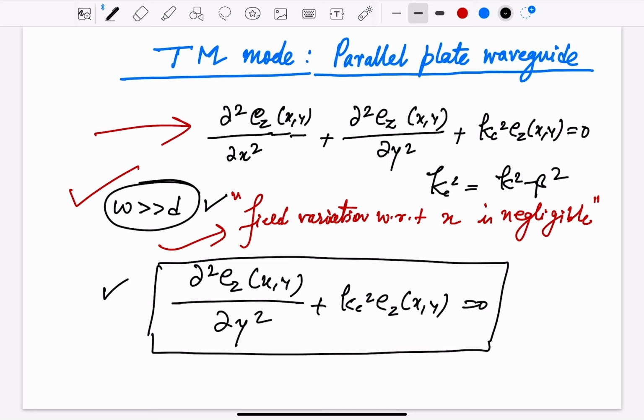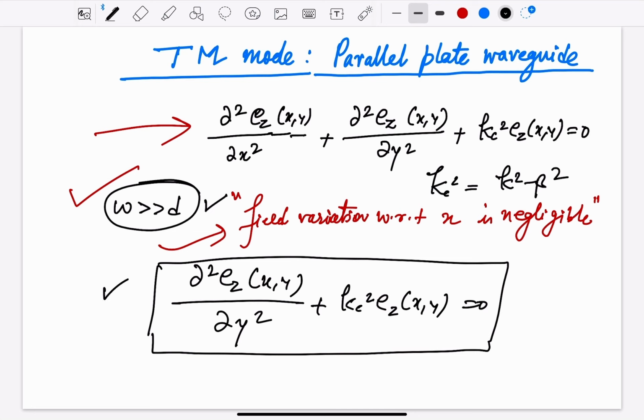I'm writing for y equals 0 and y equals d. The x component of the electric field will be 0, Ex(x, 0, z) equals 0, and also Ex(x, d, z) will be 0. Along with that, there is a longitudinal component Ez that will be 0 at the plates as well. Hopefully this is clear to all.